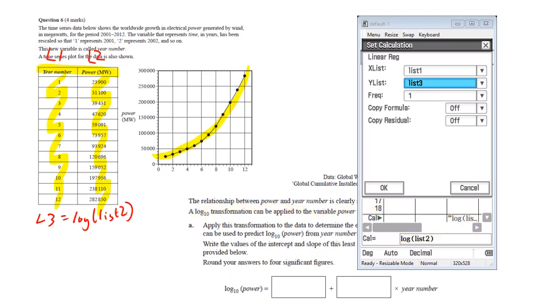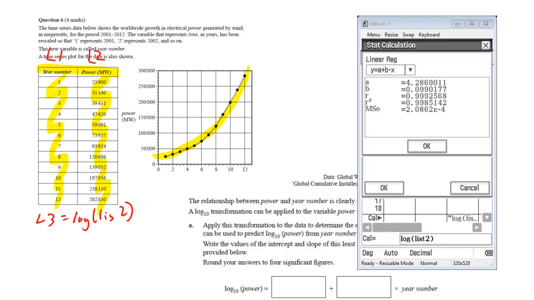You can see that we've got to make sure that we put the X is the years, and we can see that it's the years when we're looking at our graph over here. There's our years. That is our X list 1, and then the Y is the log list, because we said we wanted the log of it, right? So that is why we've got to choose list 3 in our options, and then you just press the number here, and we've got some lovely numbers to put into our calculation.